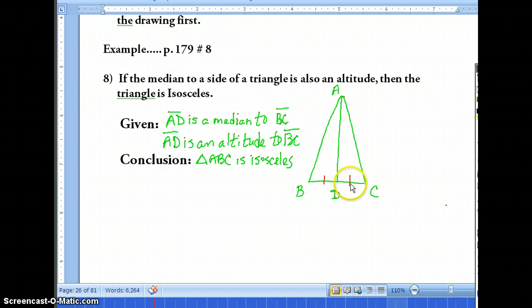So we should be able to state that BD and CD are congruent after we state our first given. Altitudes give us right angles. So we should be able to state that angle ADC and angle ADB are right angles because of the second given.